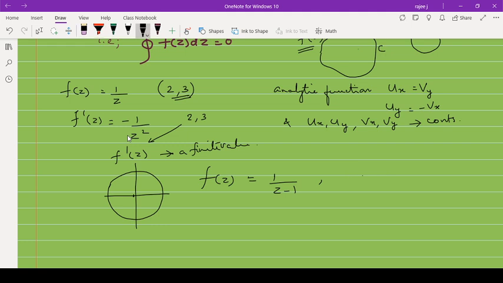Suppose mod of z is equal to 1 by 2. I am defining f of z equal to 1 upon z minus 1 in the circle mod of z equal to 1 by 2. So this is a circle with center 0, 0 and radius half.